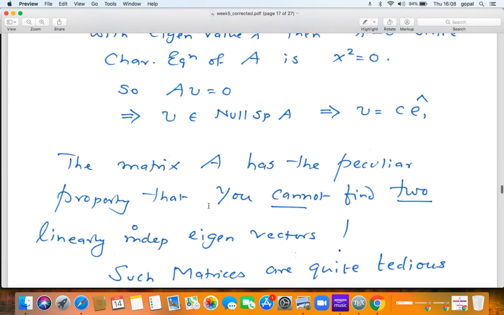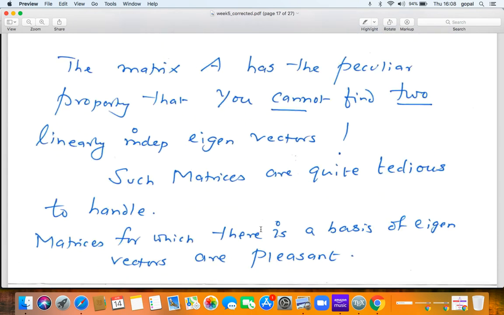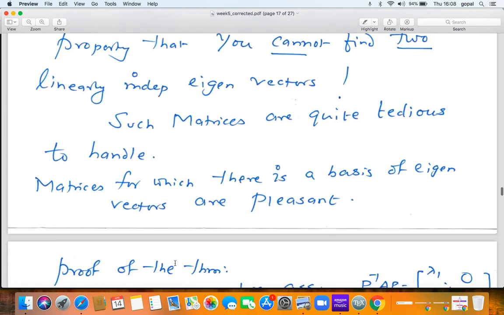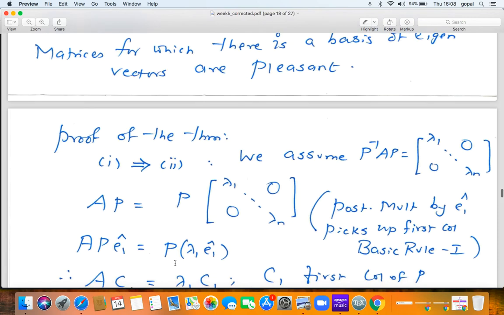Okay. This matrix has a peculiar property that you cannot find two linearly independent eigenvectors. So such matrices are quite tedious to handle. Matrices for which there is a basis consisting of eigenvectors of Rn are pleasant. Matrices which are diagonalizable are pleasant objects.